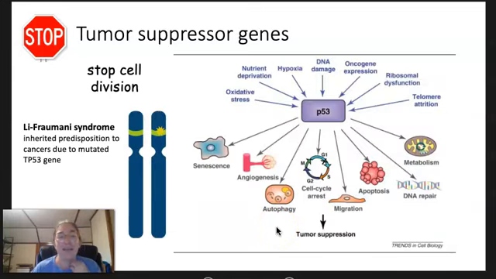A classic example of a tumor suppressor gene that's often mutated in cancer cells is this guy here, P53. This is the protein P53, and it's encoded by a gene that's called TP53. And it's a very important central regulator of the cell cycle, of apoptosis, of DNA repair.